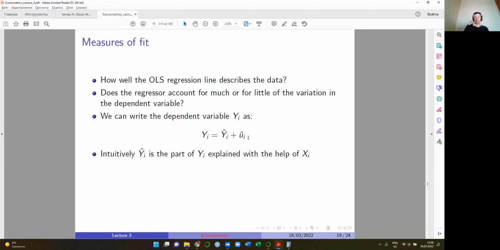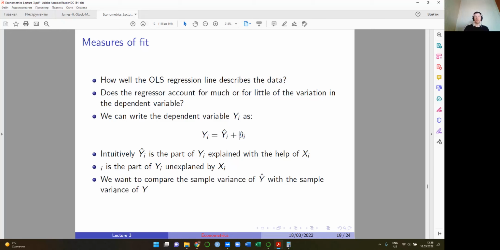Now, intuitively, y hat is the part of y which is explained with the help of x_i. So this is what we are able to explain with the help of our model. And u hat is the part which is unexplained by x. I don't know why u hat disappeared, but there must be this u hat here.